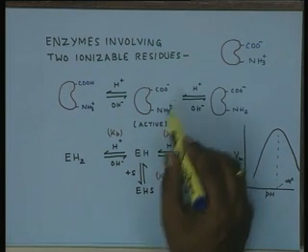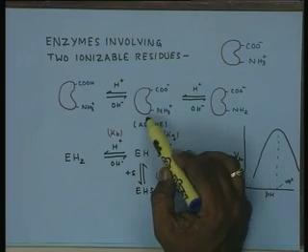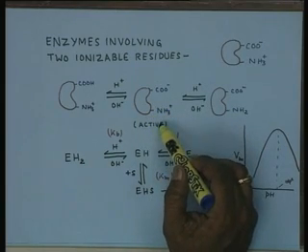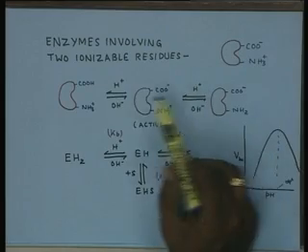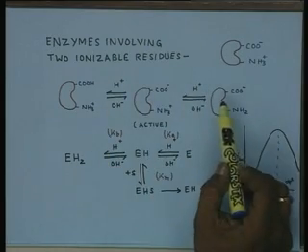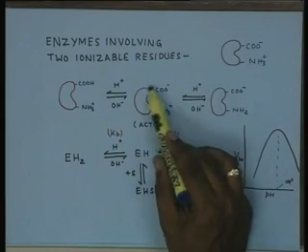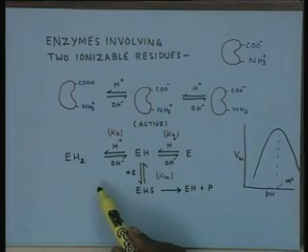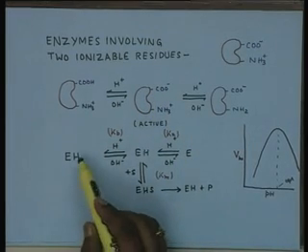If we assume that both groups in the ionized form is the active form, then you can see the effect of addition of acid or base on this equilibrium.